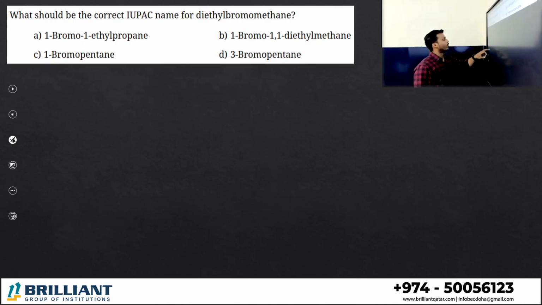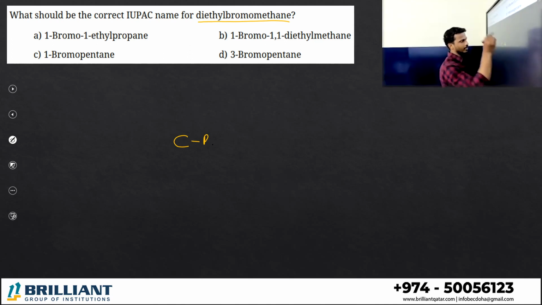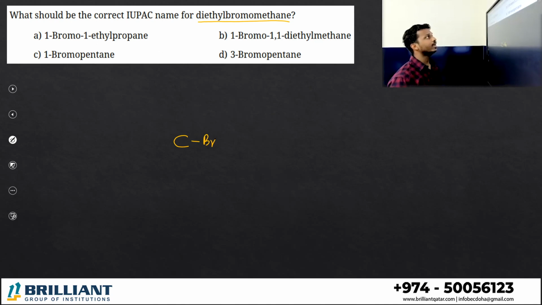Okay, next one. What should be the correct IUPAC name for diethyl bromomethane? What is the compound? Diethyl bromomethane. So what is the parent chain? Methane, 1 carbon. That methane contains 1 bromine. And also it contains a diethyl group, 2 ethyl groups.